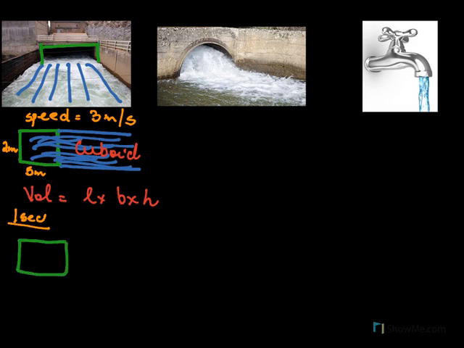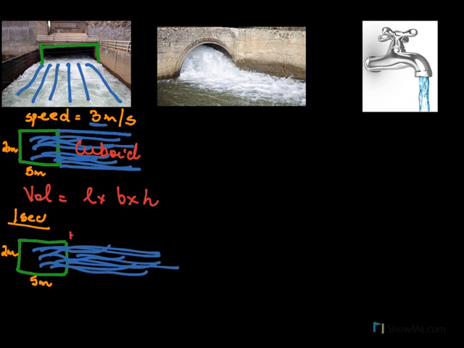We write the dimensions again: 2 meters in height, 5 meters in breadth. Now I want to know the amount of water flowing in 1 second. We know the speed is 3 meters for 1 second, so in 1 second, the length of this cuboid will be 3 meters.